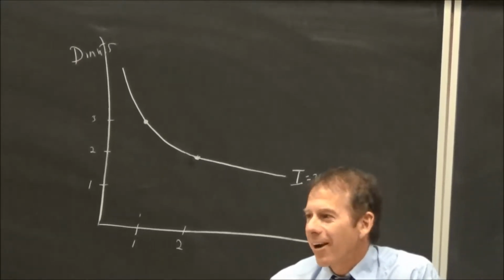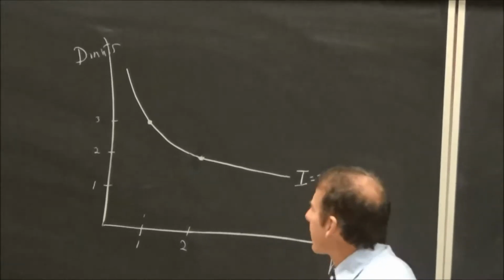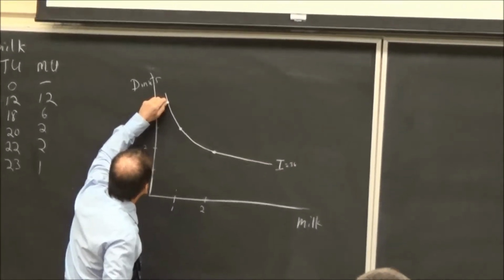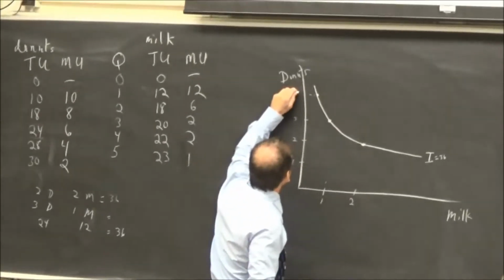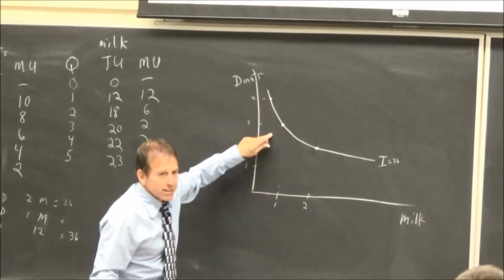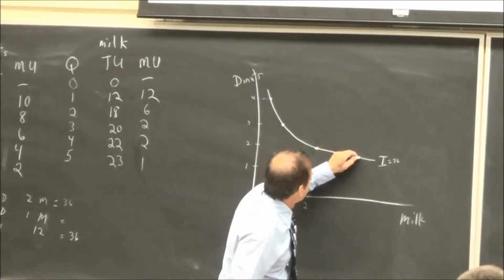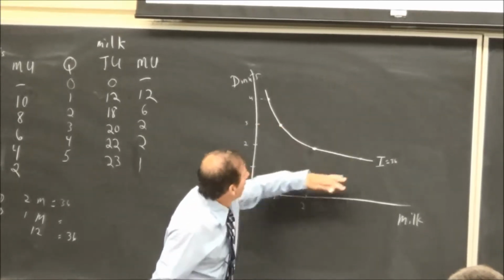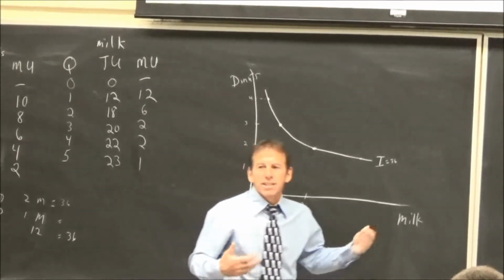They're indifferent. They don't care. The same thing would be true at any other point here. Let's say we were up here and had 4 donuts, I'm just making it up, and half a glass of milk, then that person would be just as happy. Or maybe 3 glasses of milk and 1.5 donuts. Any point along this line, that person is indifferent.